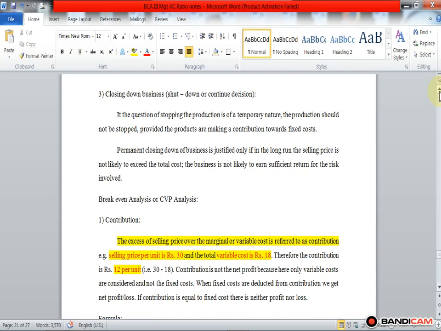The company will decide to close down the business or the manufacturing concern. Okay, so it is known as closing down of business, or shut down or continue the business.